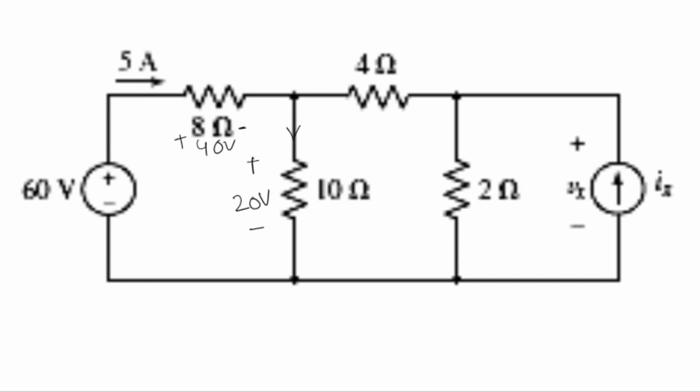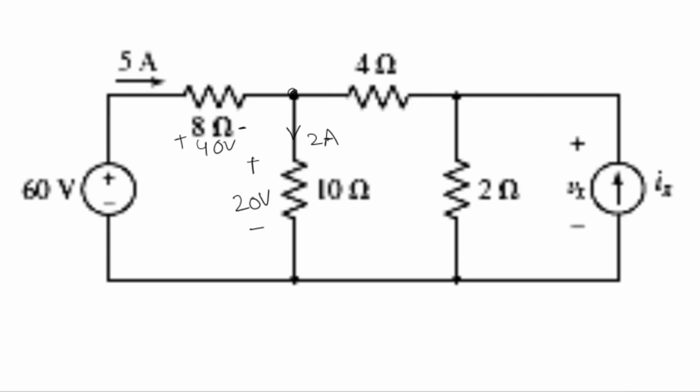Now if we apply KCL at this node, 2 amperes is the outgoing current in the downward direction and the incoming current is 5 amperes. The sum of incoming current is equal to the sum of outgoing current, or from KCL the algebraic sum of currents at a node is 0.